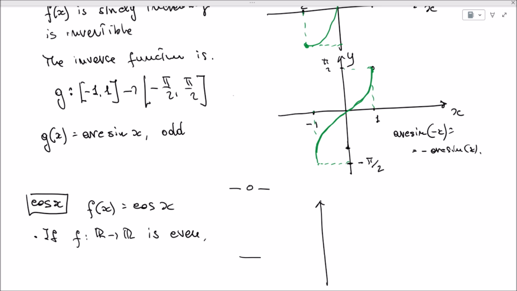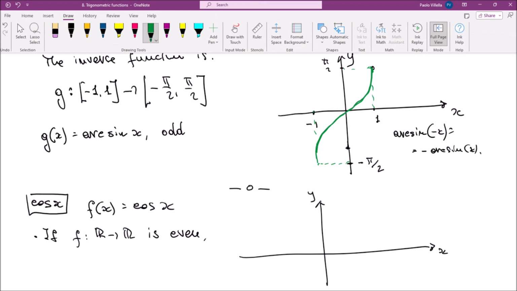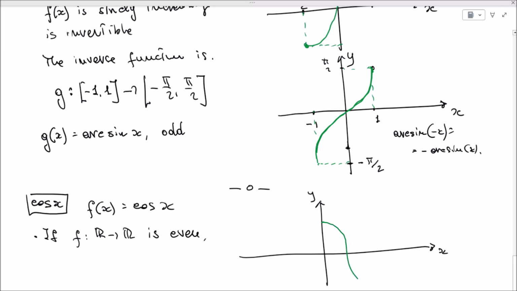Let me extend this. The graph of the cosine, something like this.